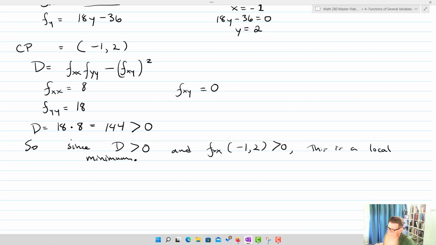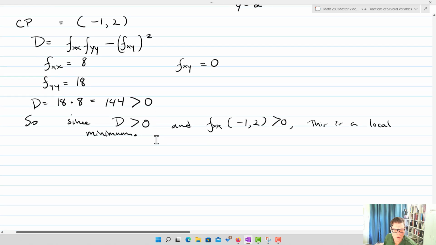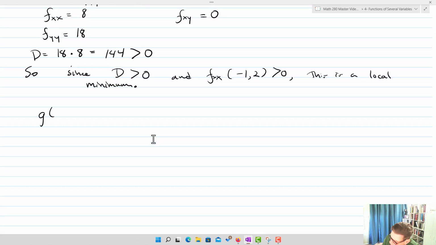Let's try another example. We'll select g(x,y) equal to 1/3 x cubed plus y squared plus 2xy minus 6x minus 3y minus 4. So here's example 2.